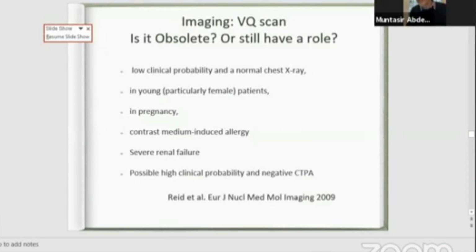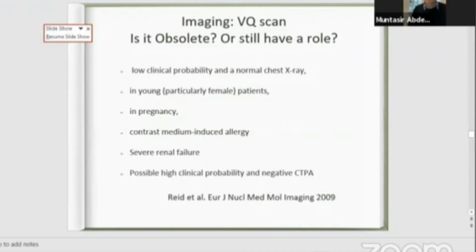In pregnancy also, if you have got contrast allergy, or if you have got severe renal failure, then we cannot use contrast. And whether to use it after a negative CTPA with a high clinical probability, as we said before, is controversial.